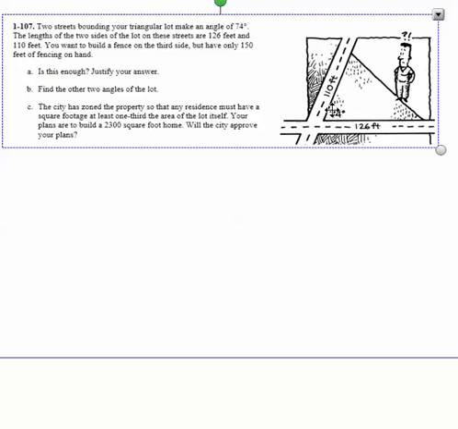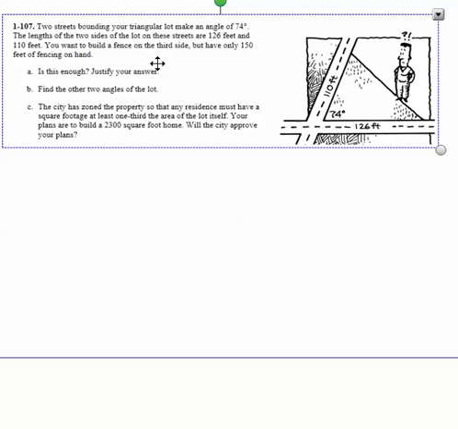The lengths of the two sides of the lot are 126 and 110. You want to build a fence on the third side that we're not sure about, but you only have 100 feet of fencing. Is this enough? So find the other two angles and do we have enough fencing altogether?